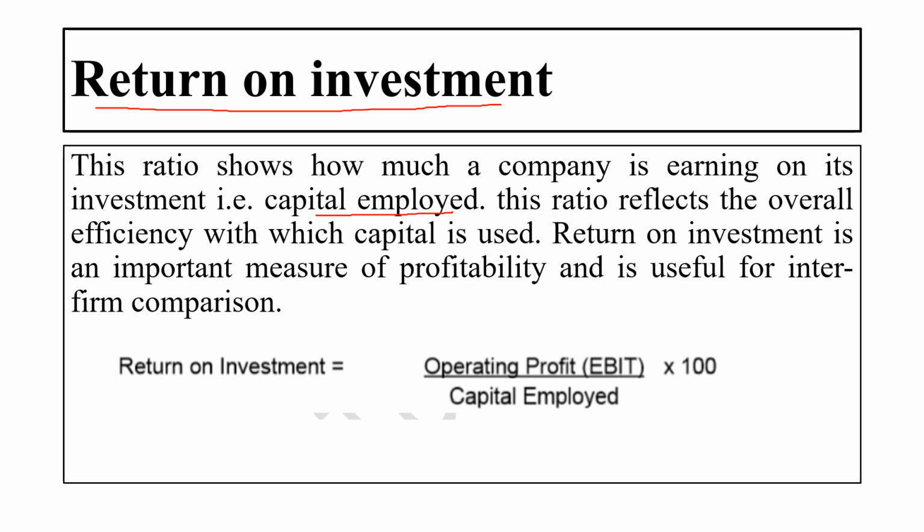This ratio reflects the overall efficiency with which the capital is used. The return on investment is an important measure of profitability and is useful for inter-firm comparison. The return on investment can be calculated by operating profit divided by capital employed, multiplied by 100.